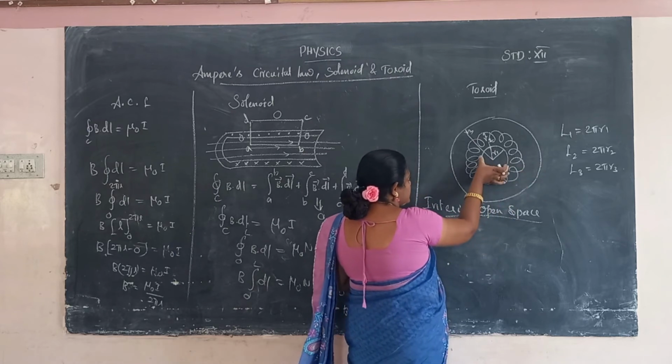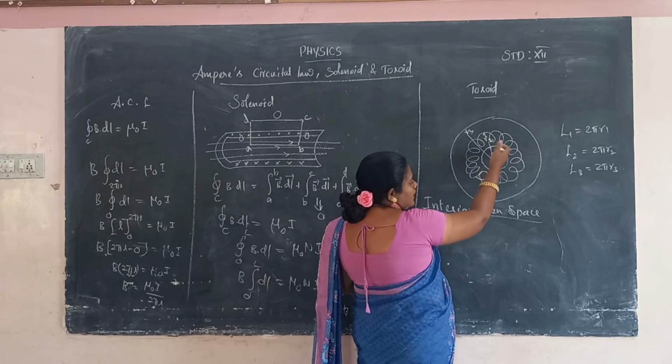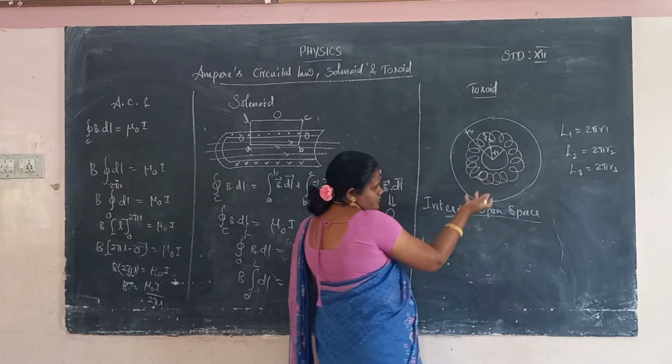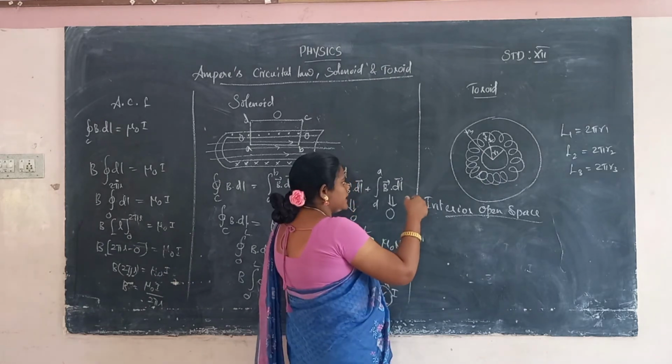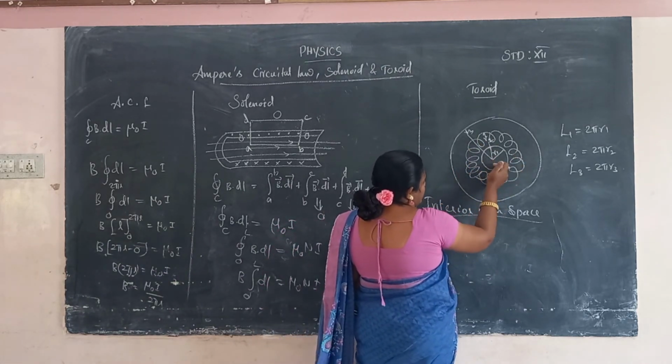First we consider the interior open space: there is no current at all in the interior portion of the toroid. So no magnetic field will be created, but current is passed on the toroid, and some magnetic field is there in the surrounding space.